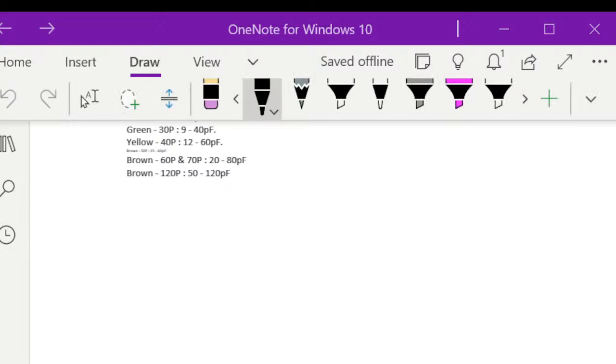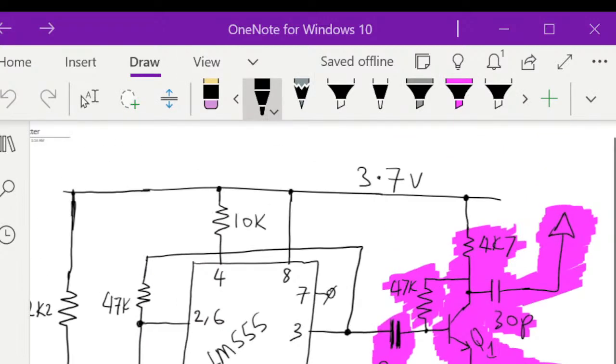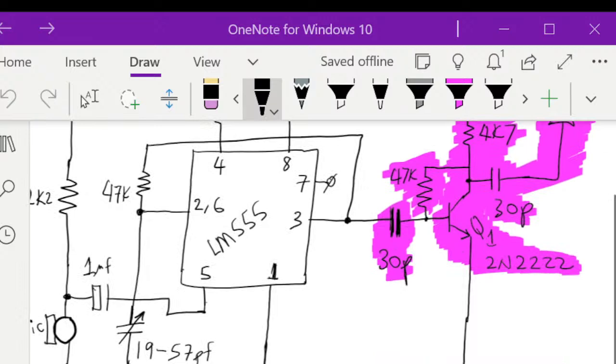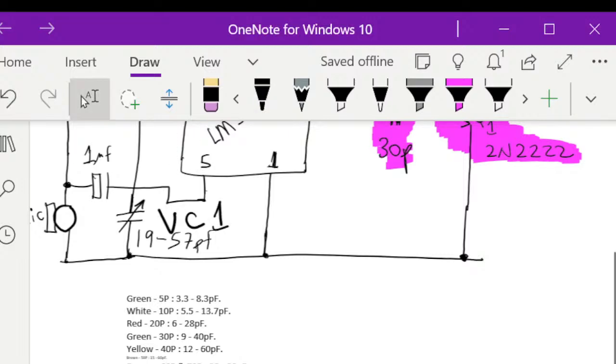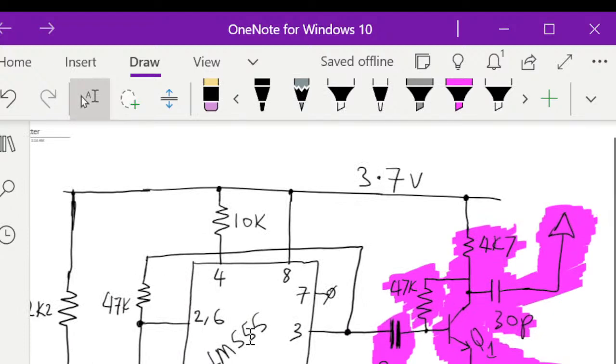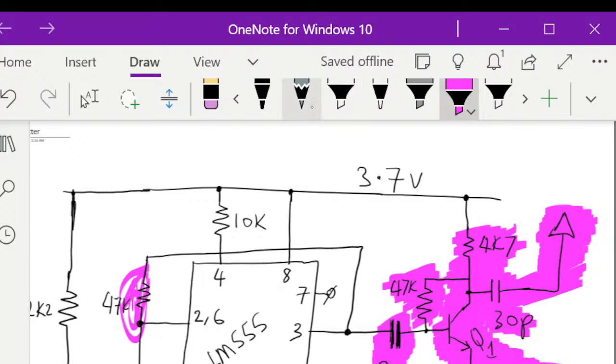I say that the astable multivibrator we built is a square wave astable multivibrator. Square wave because the capacitor, VC1, is charged and discharged through this resistor R1.